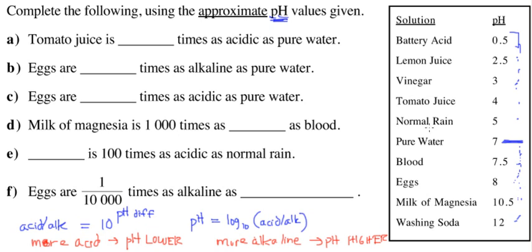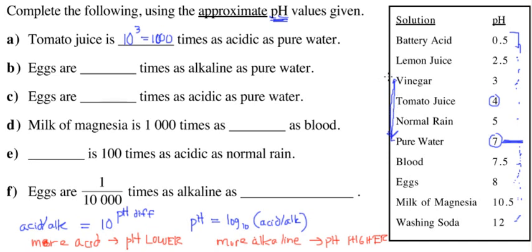Tomato juice compared to pure water. Pure water is a 7. Tomato juice is a 4, so our pH difference is 3. Our acid-alkaline difference is going to be 10 to the 3, which is 1,000. Okay, so it's a difference of 1,000, and now looking on the scale, you could either say that vinegar is 1,000 times more acid, or you could go the other way and say pure water is 1,000 times more alkaline.